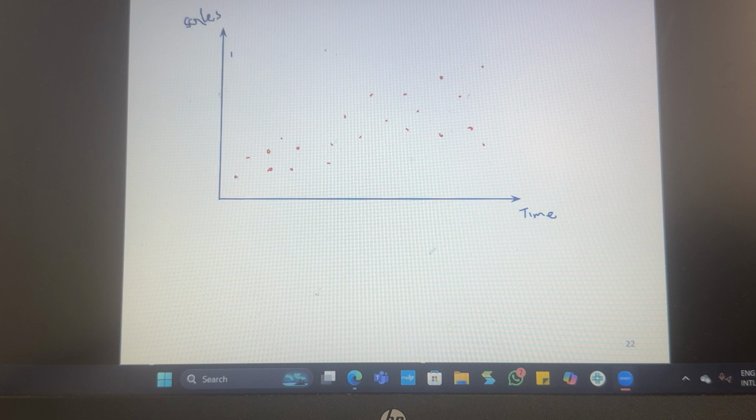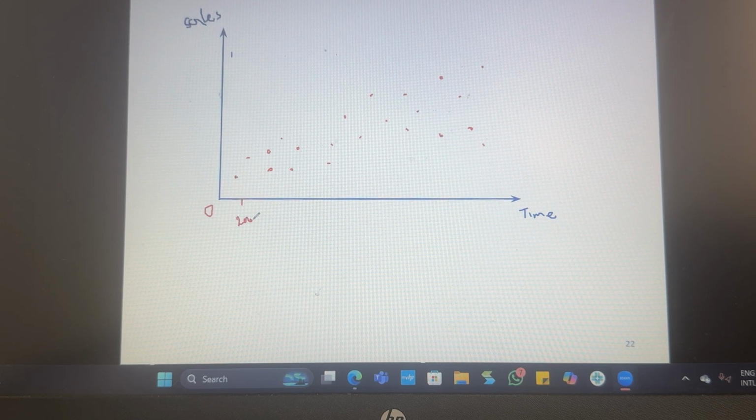Okay, these are the data sets. Now, what can you say about the sales over the time period? Suppose that here, starting from 2000, and here is 2025. Over this 25-year period, what can you say about the sales pattern of this company?